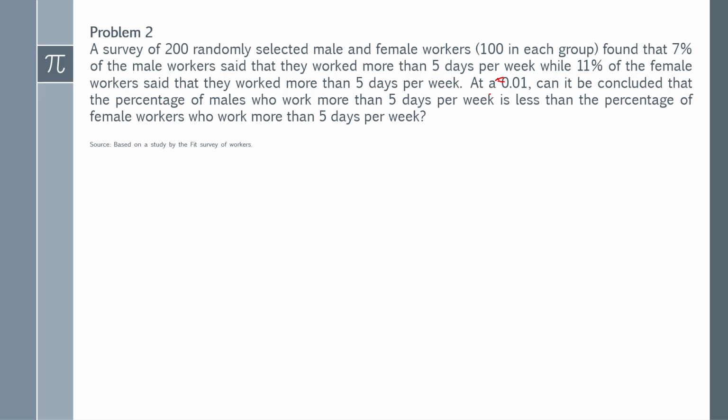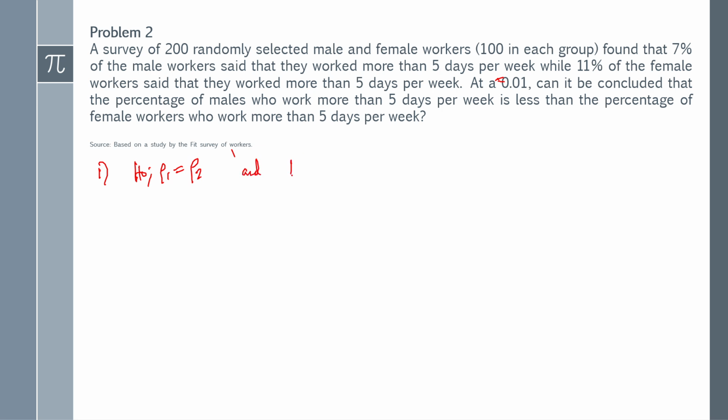Okay. This is based on the survey of workers. So let us have step number 1. We have to state the hypothesis and identify the claim. So our H0 here is sample proportion 1 is equal to sample proportion 2.